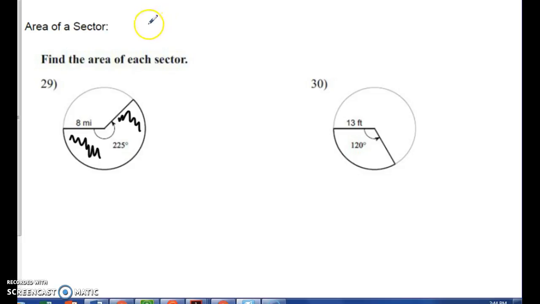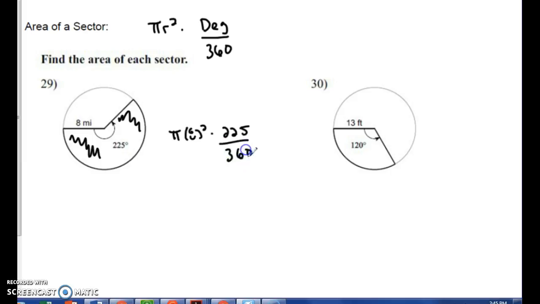So when I think about this, it is going to be the same basic idea, but now we're taking the area, which is pi r squared, and multiplying it by the degree over 360. So I'm taking pi, multiplying it by 8 squared, and multiplying it by my degree, which is 225 degrees, over 360 degrees.